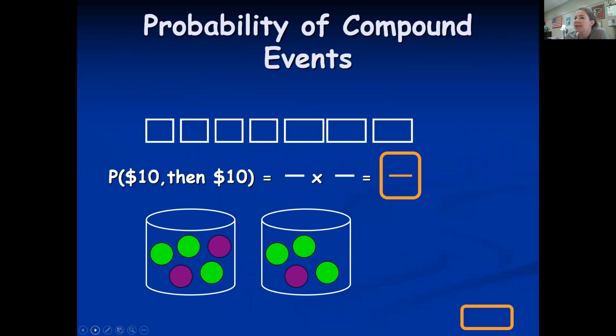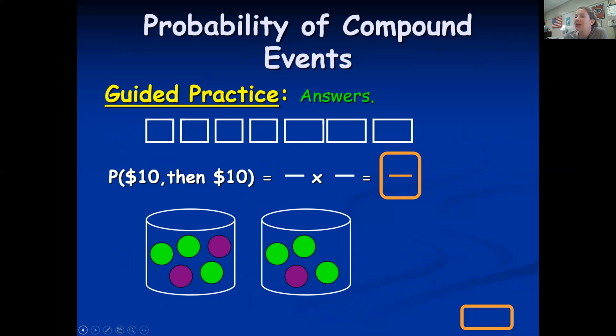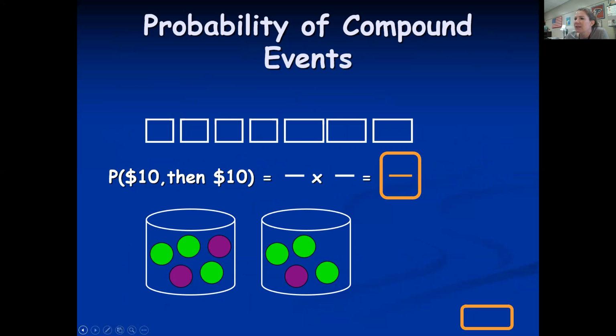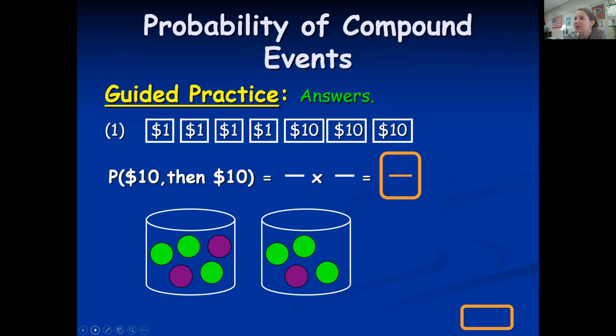All right, probability of a compound event. Let's see if we got the answers right. So we said 3 out of 7 times 3 out of 7 is 9/49, yes, that's what we got.